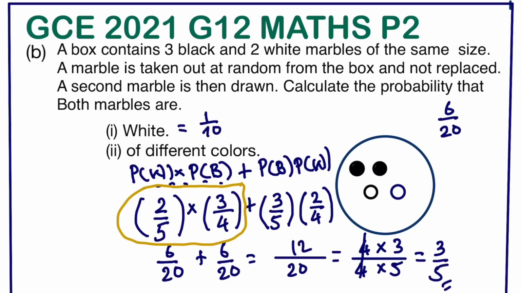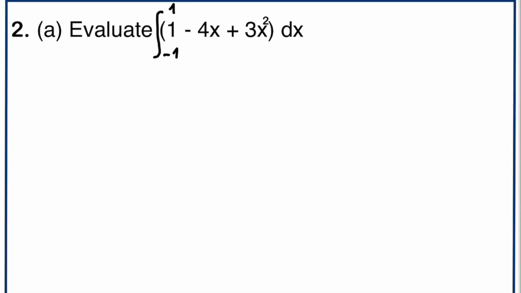So you can just choose one of them, then multiply times 2. If we simplify this, it will give us 6 over 10, which number can divide 2? We're going to have 3 over 5.